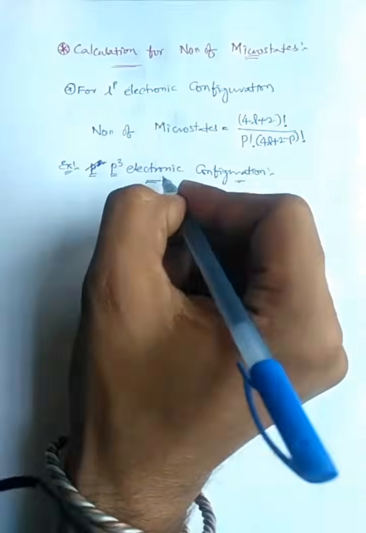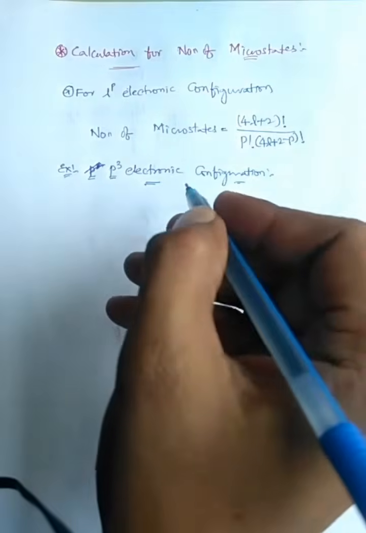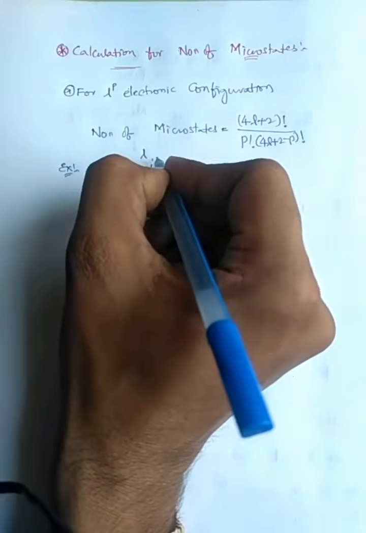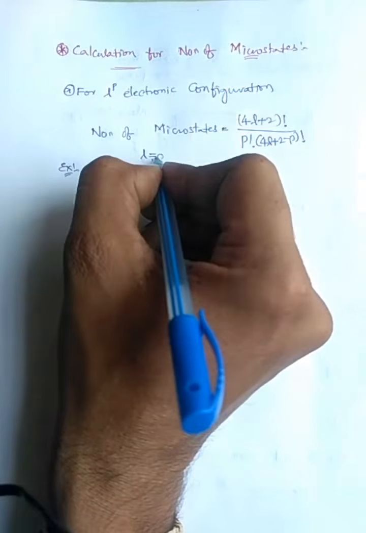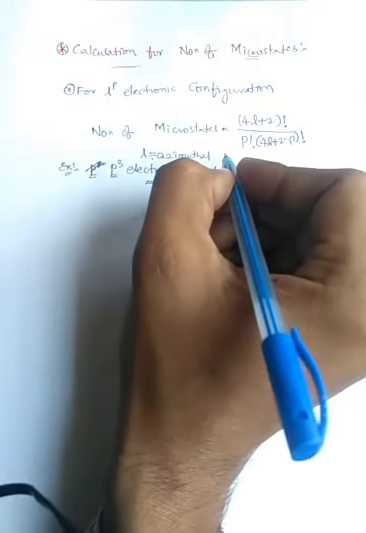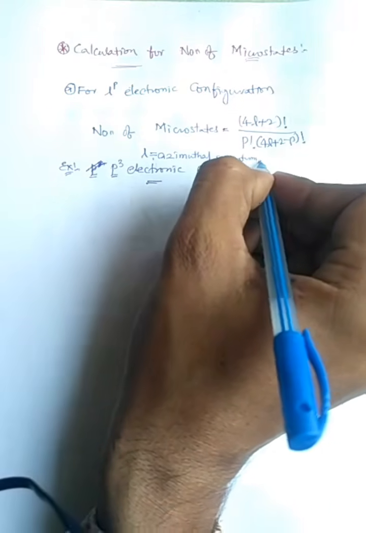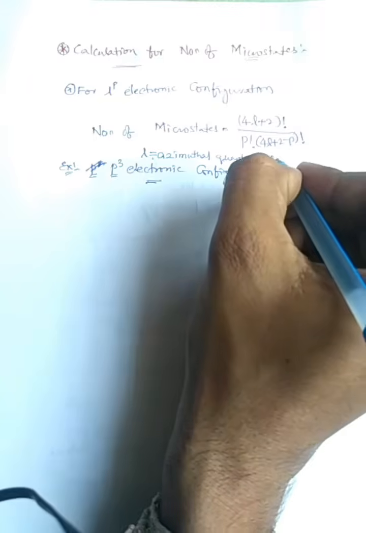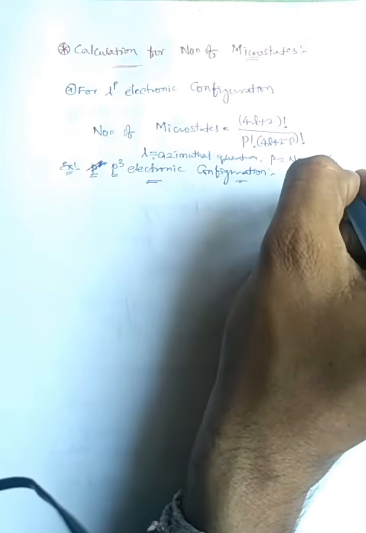Number of microstates for the p3 electronic configuration: before going for this we have to know what is l and what is p. l is nothing but the azimuthal quantum number, where p is nothing but the number of electrons.